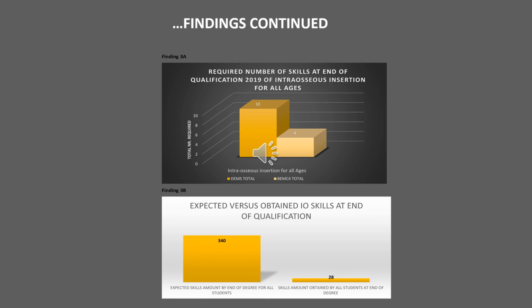However, looking at expected versus obtained results, at least 340 was expected from the 34 students if at least 10 was required from each. However, 28 was the total received overall, meaning that these students did not achieve the targets expected of them during this time period.